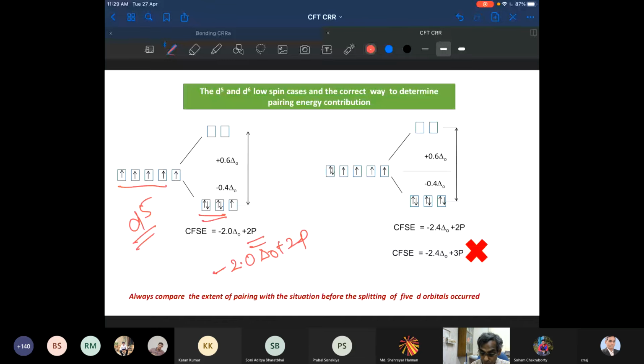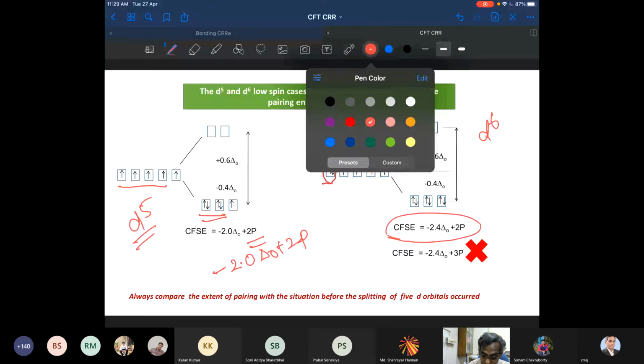On the other hand, now when we come here, this is the d6. In d6, definitely one electron is already paired. Okay, I hope you are following. Now during the crystal field splitting, when pairing takes place, what should we write?